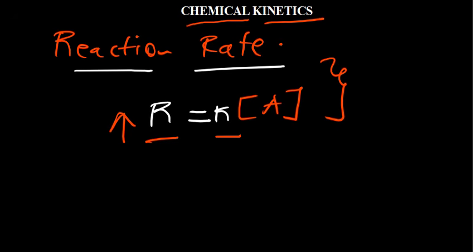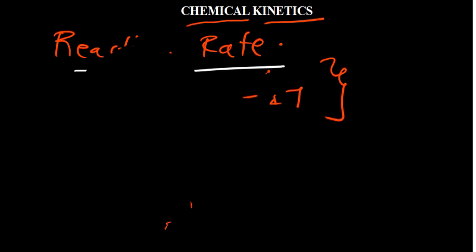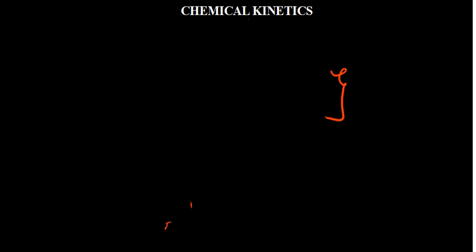This k, which affects how fast a reaction progresses, is dependent on some factors that we are going to talk about. What are the factors that the rate constant depends on? The same factors that the constant depends on are the factors that the reaction rate depends on as well. So what are these factors?